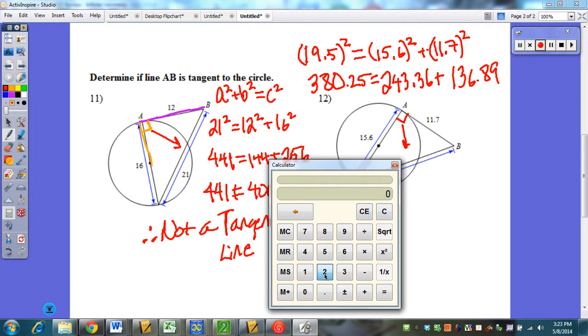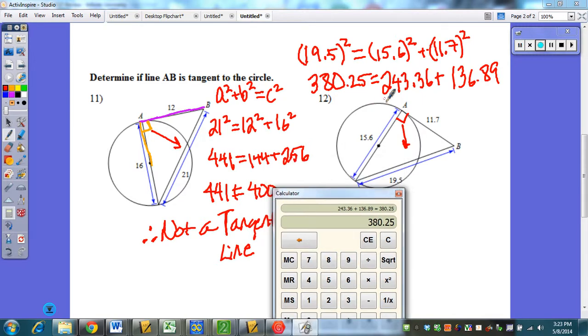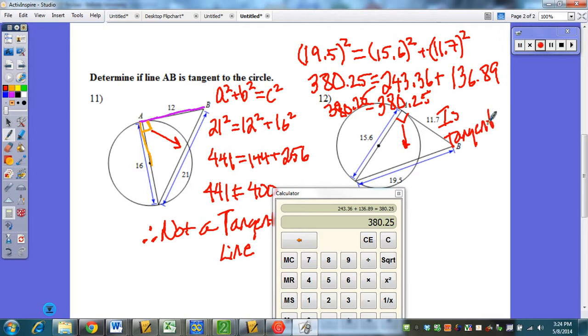All right, so we have 243.36 plus 136.89, and that in fact does equal 380.25. So since they equal each other, then we know that AB is tangent. Okay.